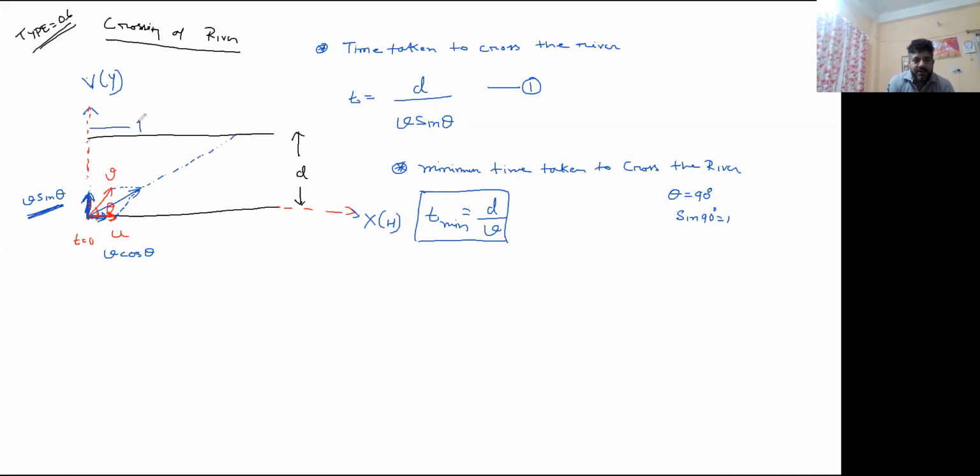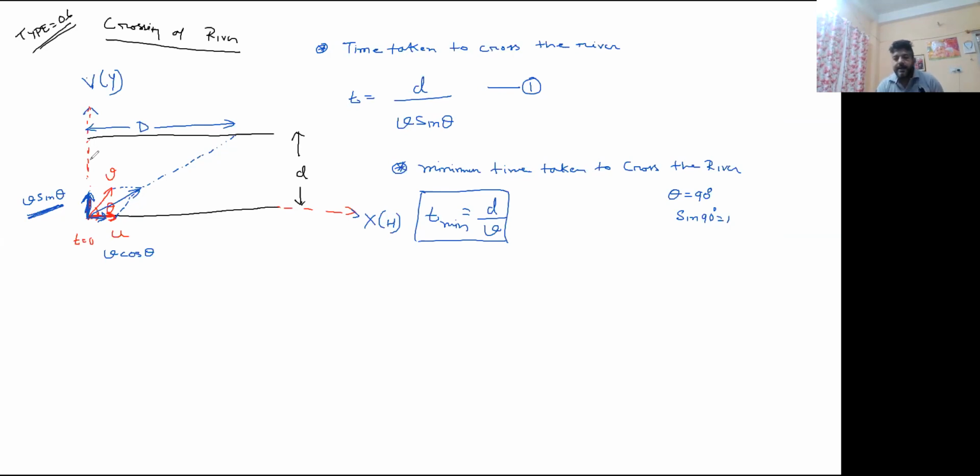And this is called the downstream drift. मतलब नदी की बहाव के कारण क्या किया? ड्रिफ्ट किया. Due to the flow of the river, the boat or the person or the swimmer is drifting downstream. Yes or no? You understand everyone what I want to say?